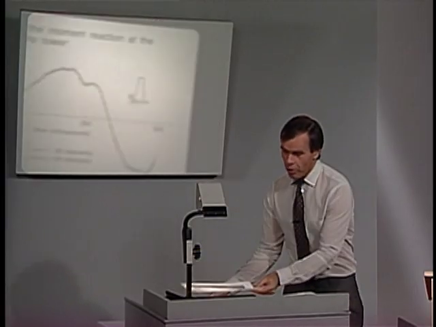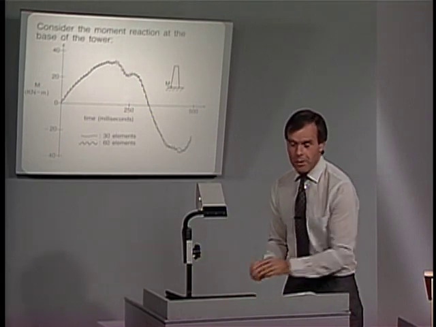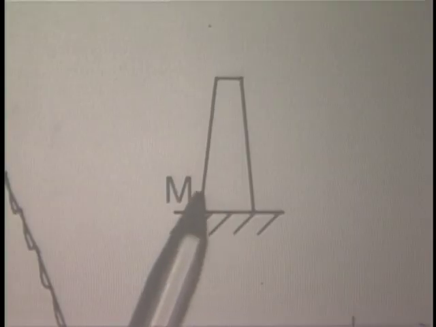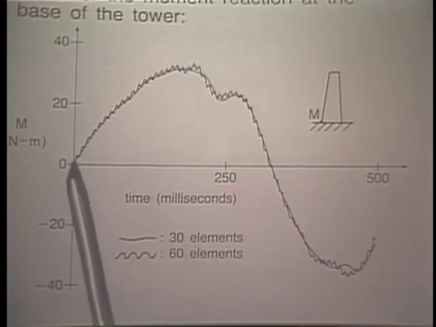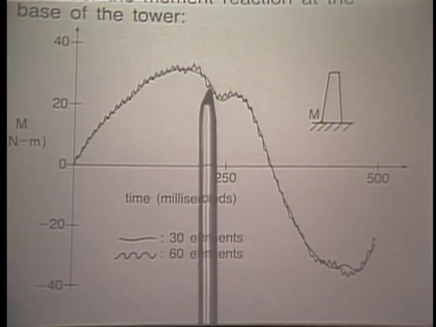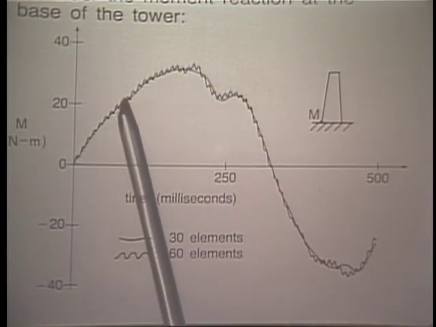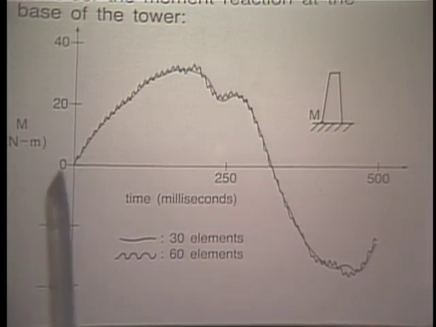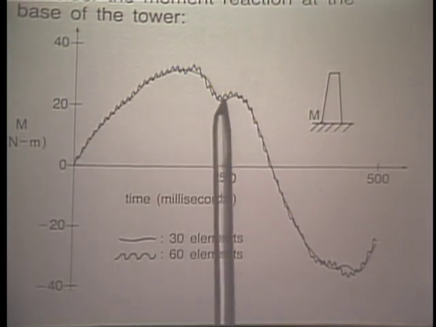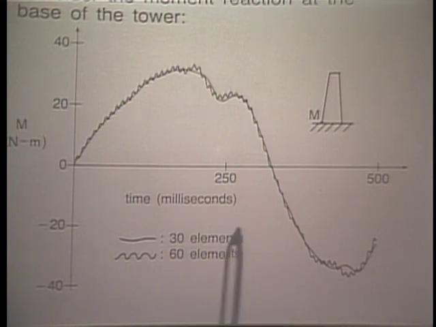Let's look at the moment also, which was also one requirement for our analysis. The moment right down here at the bottom of the tower. And here we see that the 30-element mesh gives the smooth result, the 60-element mesh gives this zigzagged result. But overall, basically, a good response prediction already with a 30-element mesh.